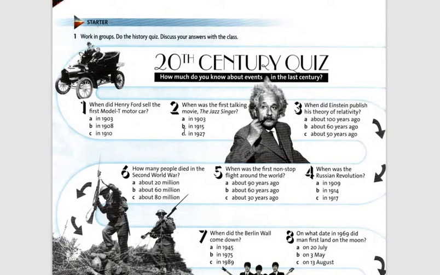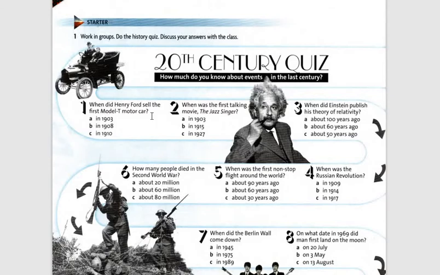And if you notice all these questions, you will find that the auxiliary verb used in these questions is did or was or were. So when did Henry Ford sell the first Model T motor car?